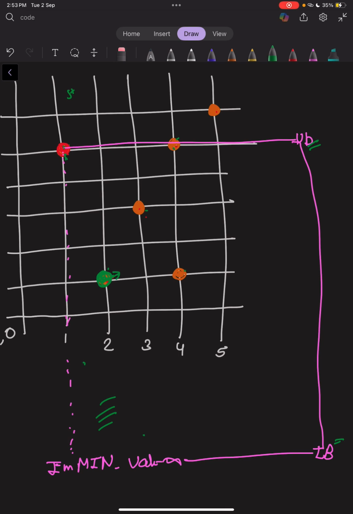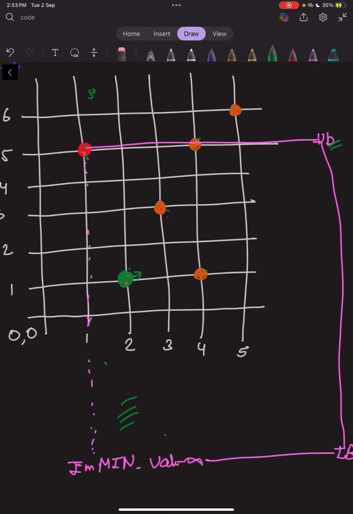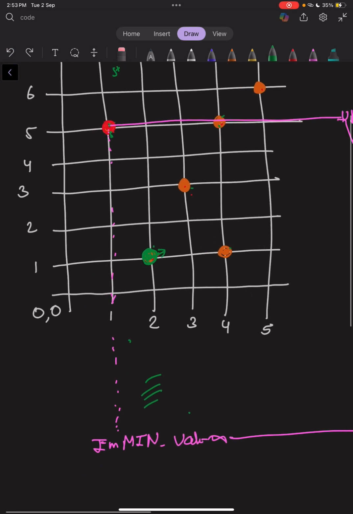So we will consider this as a valid rectangle, because since we are going in sorted order, it is always going to be making a rectangle, because it is always going to be either on the top or left side, or on the right or bottom side. Since we just want to find out whether it is a valid rectangle or not, valid means there are no points coming under this.